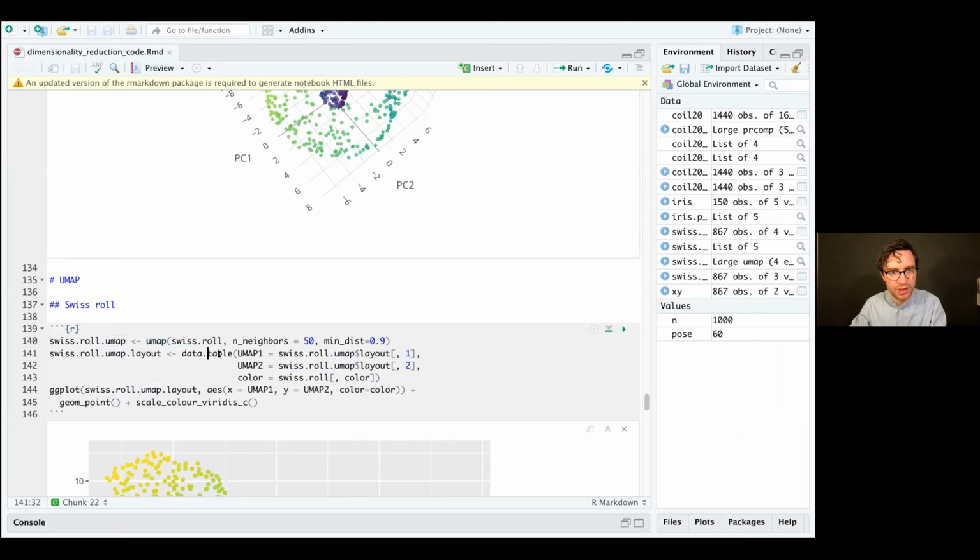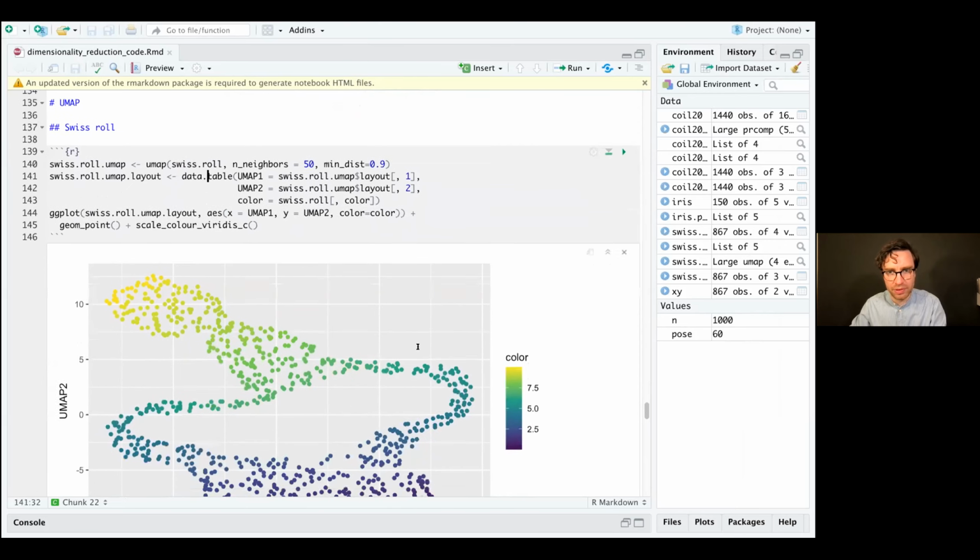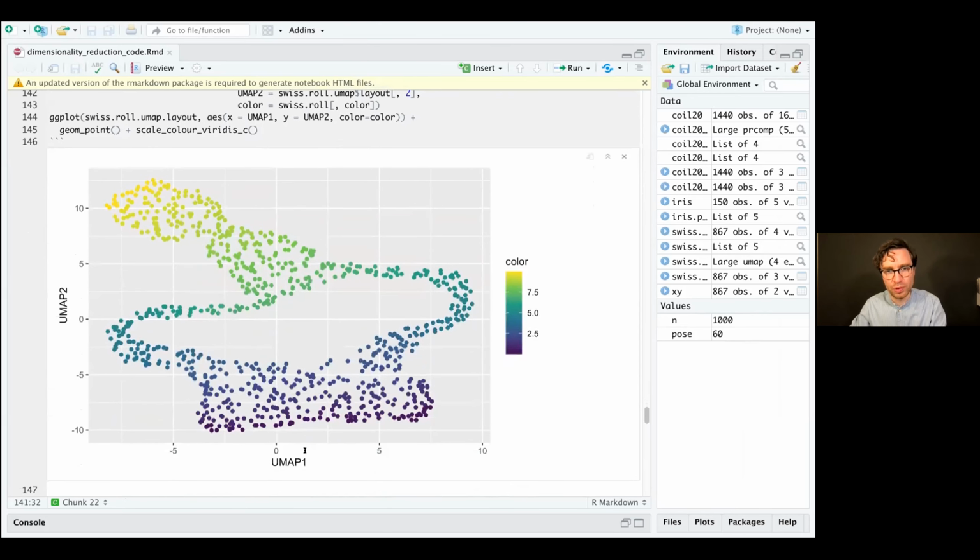Then I convert the whole thing into a data table object for nice plotting. And this is what the result looks like. Now in UMAP coordinates, the Swiss roll was kind of unrolled, but it heavily lost its shape. But what you can see is that the topology is preserved, so the hole in the center is still there.